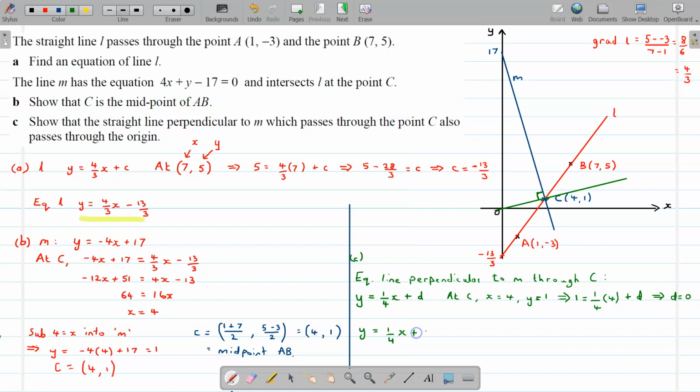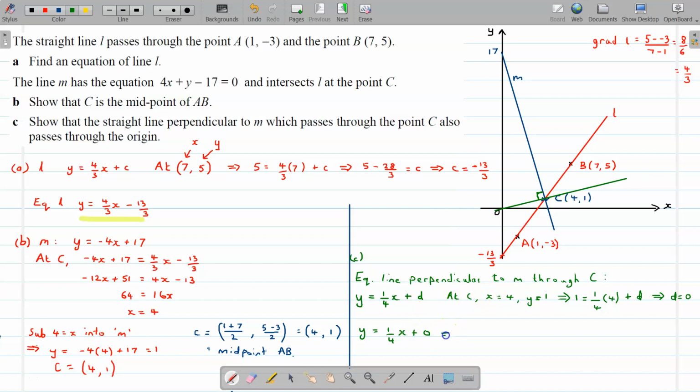But the plus 0 tells you that the line crosses the y-axis at 0. So it's got a gradient of a quarter and it crosses at 0, which means it goes through the origin. Because if it was crossing at 1 or 2, it would be up here somewhere. But it's not, it's crossing at 0.